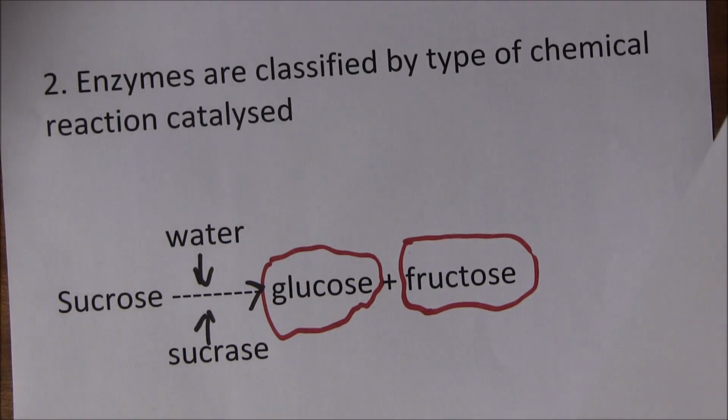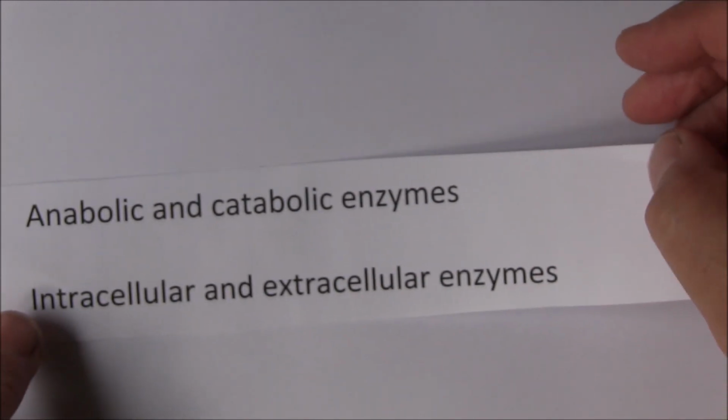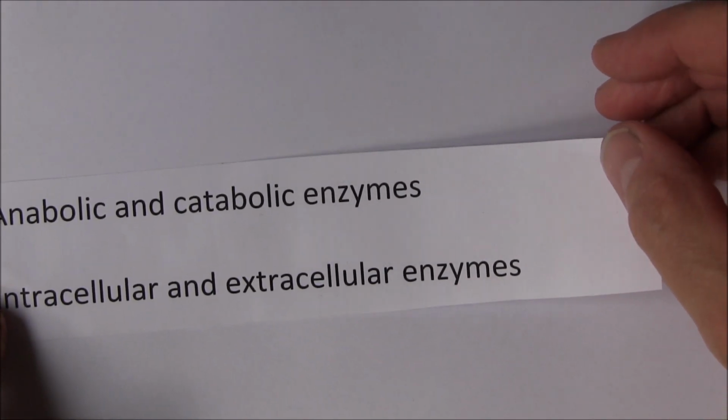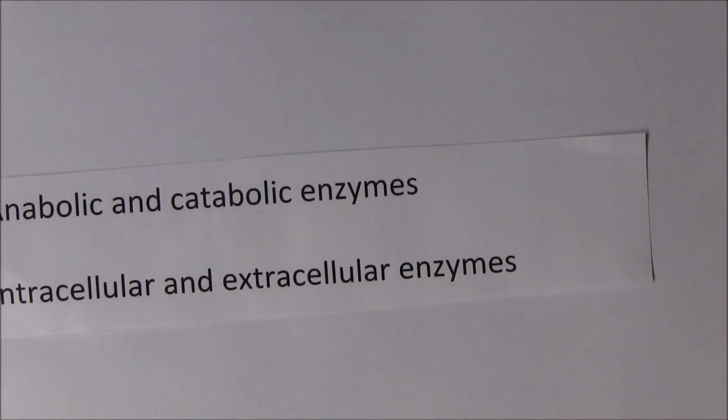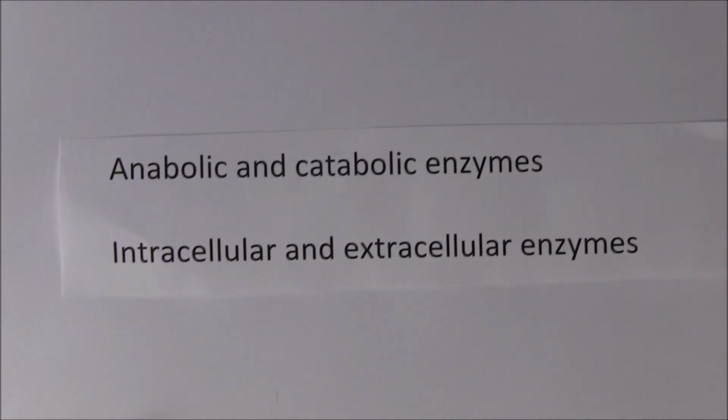Now, just before we go on to look specifically at the individual digestive enzymes, I think we'll just notice one more thing about enzymes. There can be anabolic enzymes or catabolic enzymes. So these hydrolase enzymes in the digestive system, are they going to be anabolic or are they going to be catabolic enzymes?